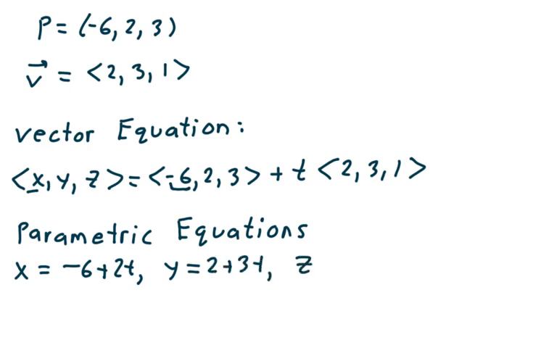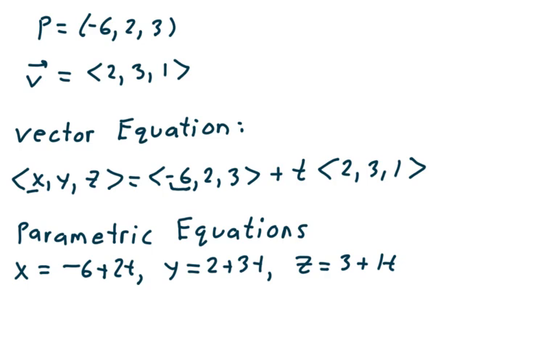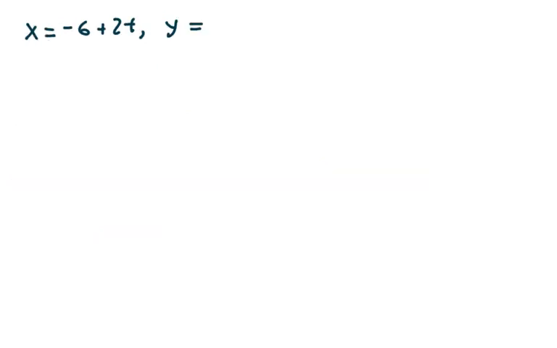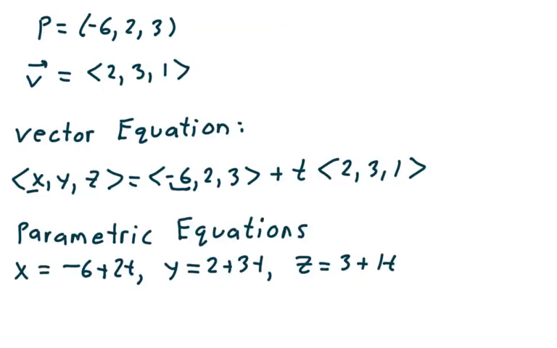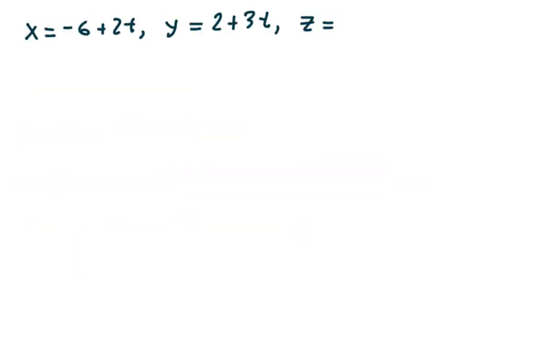And then z equals 3 plus 1t. Let's remind ourselves: x equals -6 plus 2t, y equals 2 plus 3t, and z equals 3 plus t.